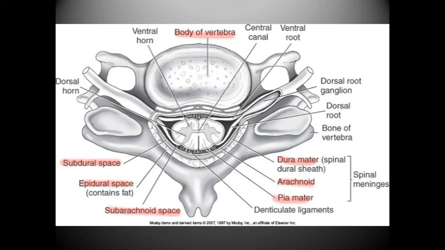So here we have a cervical vertebra, and we have a nerve actually coming out, and we have the spaces. We have the epidural space here.